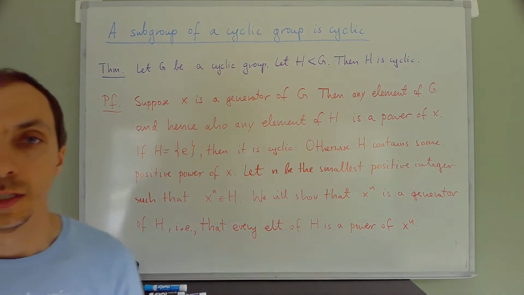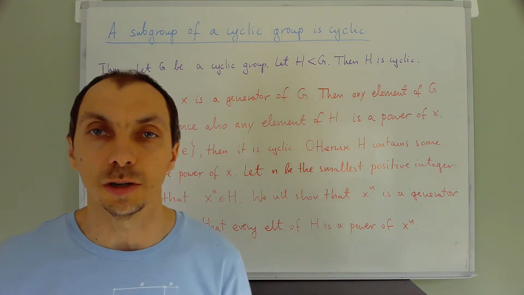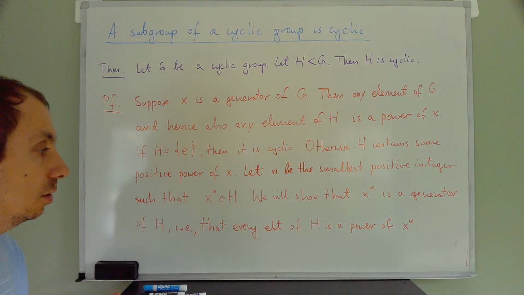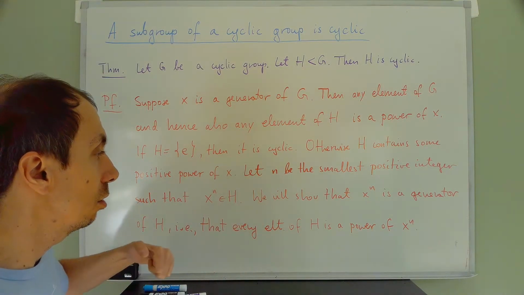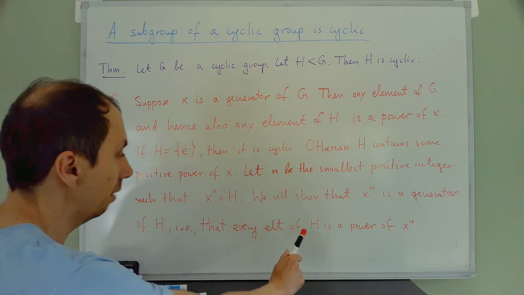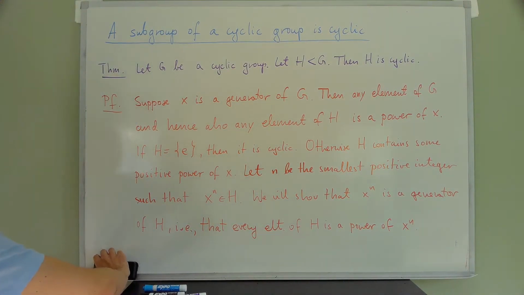Will that do it? Yeah, we're trying to show that H is cyclic, so we're trying to show that it has a generator. If I show that X to the n is that generator, then I'm done. What does it mean to show that X to the n is a generator? That means to show that every element of H is a power of X to the n. So let's do it.